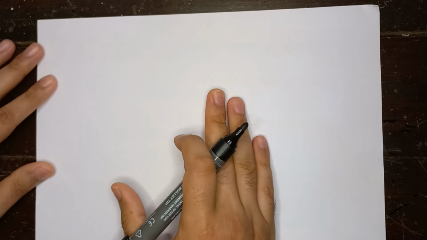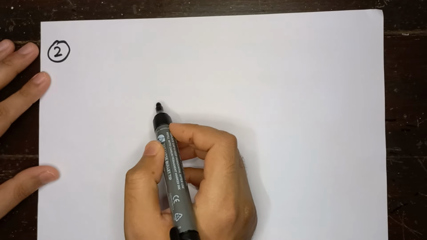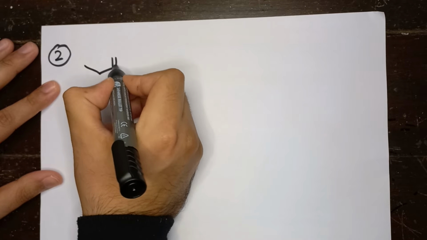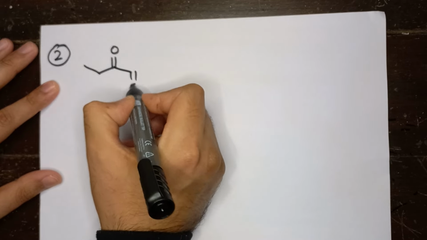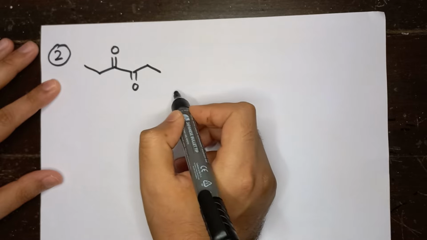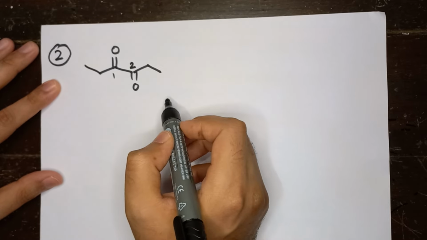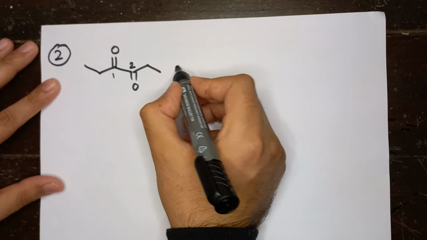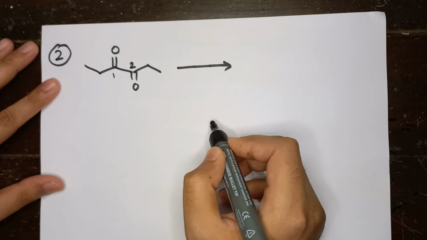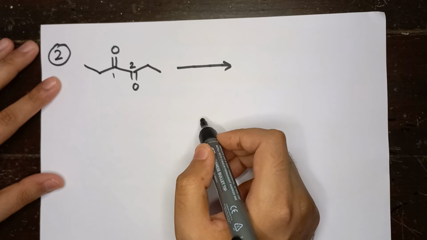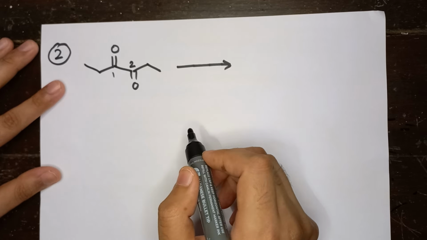Okay, here's another important note for you. When you have a 1,2 diketone system, so this is a 1,2 diketone system, and whenever you do a Baeyer Villiger oxidation to it, what do you think? What is going to be the product?